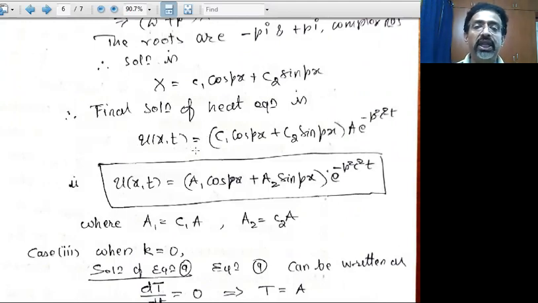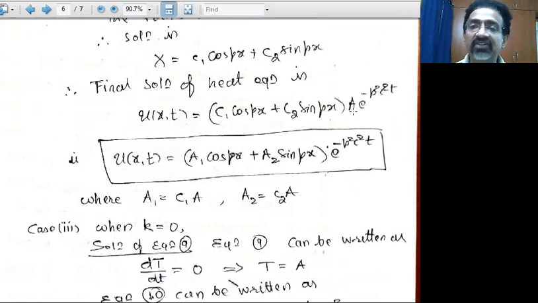So u of x comma t is equal to C1 cos px plus C2 sin px into a times e raised to minus p squared c squared times t. Right. So as in the earlier case, a times C1 I write as a1, a times C2 I write as a2.